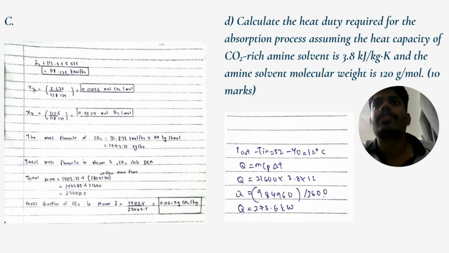For the mole fraction of CO2, we divide the molar flow rate of CO2 in stream 4 over the total molar flow rate of stream 4, and we got 0.0476 mole CO2 per mole. The same equation we used to calculate the mole fraction of H2, and we got 0.9524 mole H2 per mole.